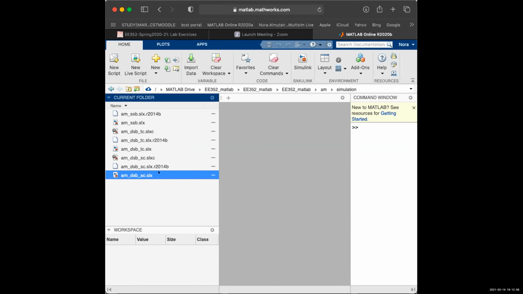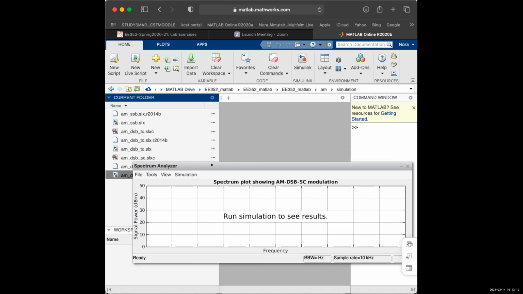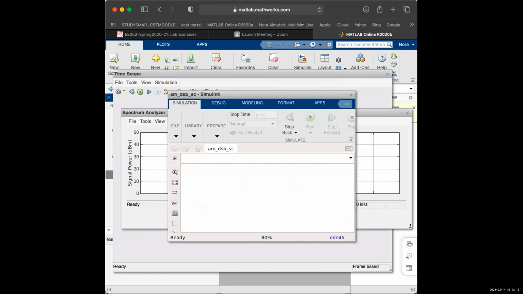These are Simulink files, okay? So you will always need to click on these SLX files. Double click on it. Wait, it's a little slow.